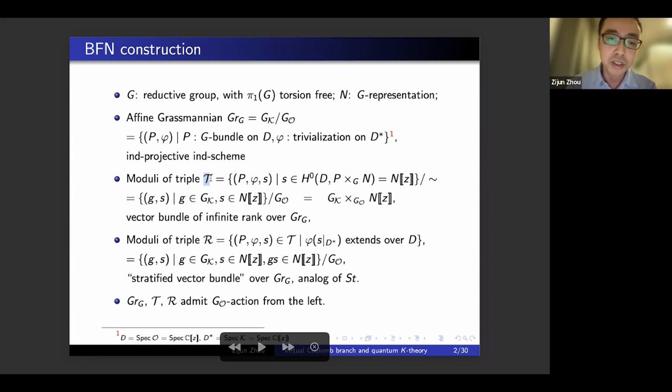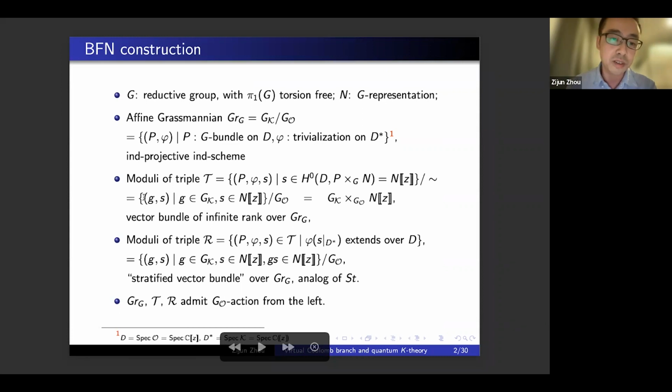And the space T consists of, so a point in the space T consists of a point in the affine Grassmannian together with a section of the associated vector bundle. The vector bundle associated with this representation and the principal G bundle.